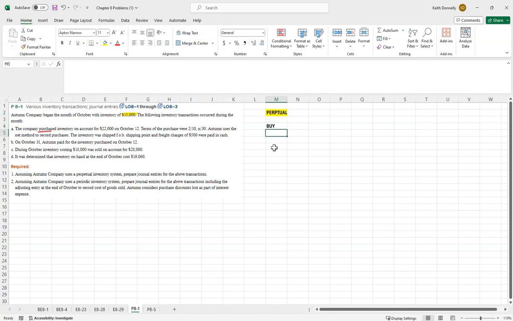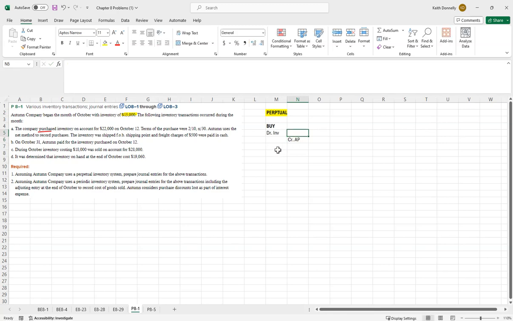What would be the journal entry? It looks like we use the net method in this case. So we're going to debit inventory. This is perpetual, so it'll be inventory. You'll see with periodic, it's purchases. We'll credit accounts payable.